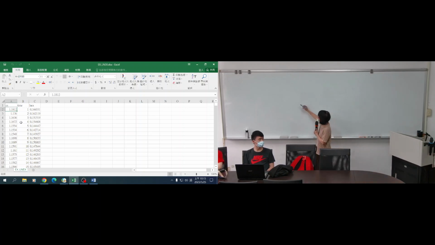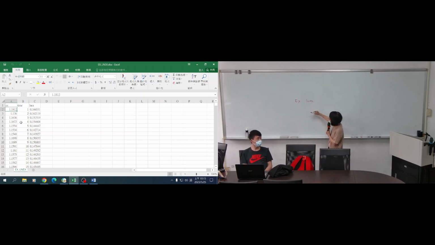If I have the rate, EX, and take the log, it becomes log EX.